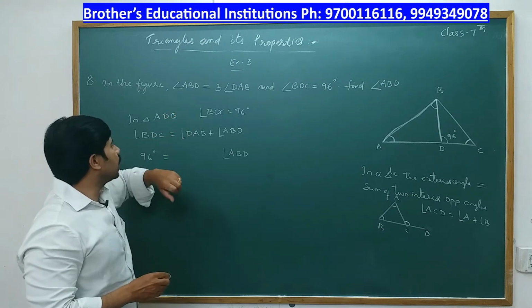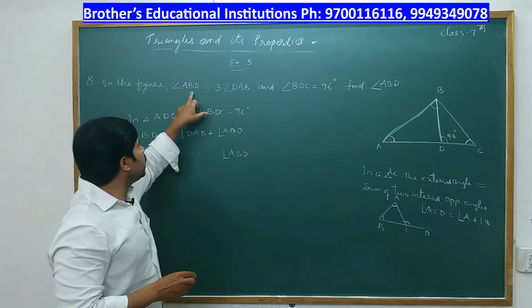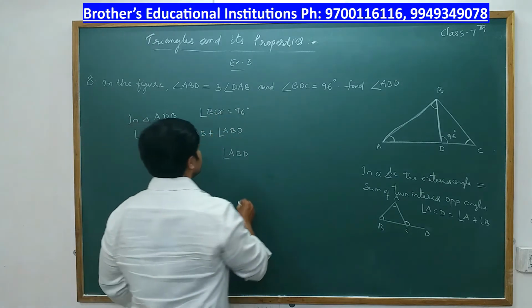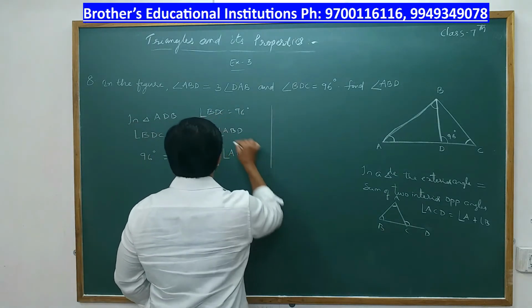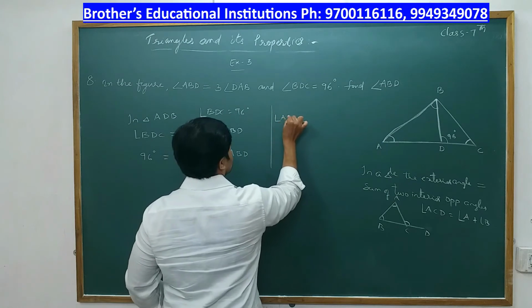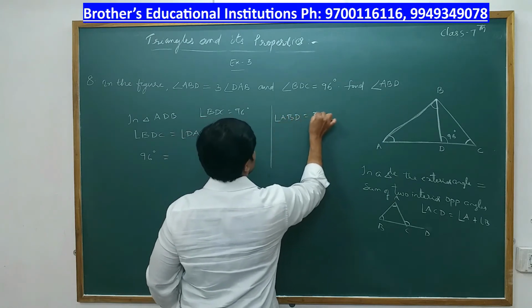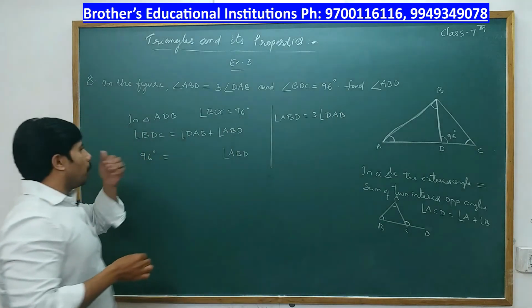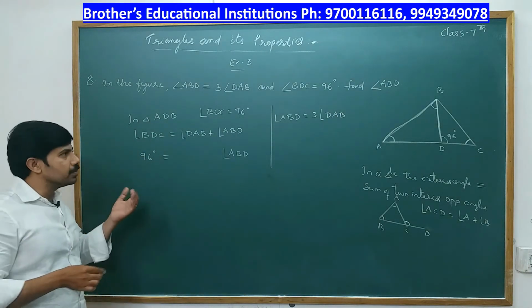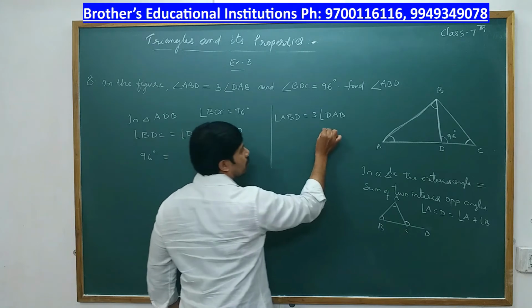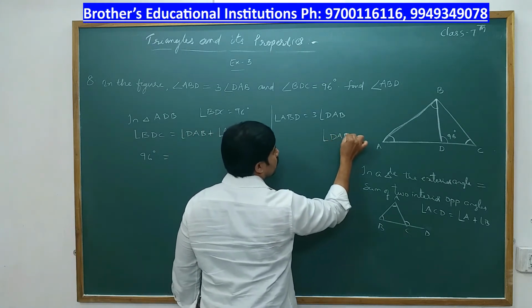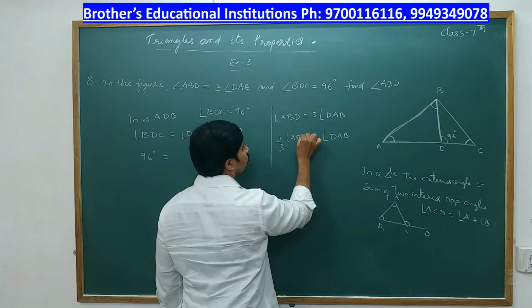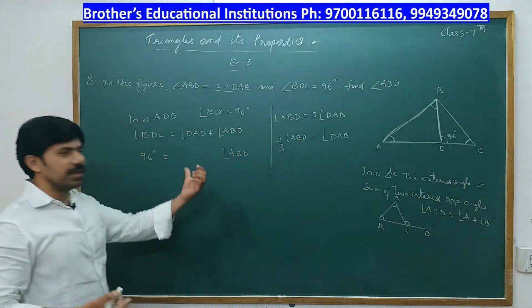They have given one condition: angle ABD is equal to 3 times angle DAB. So I'll repeat this on the right side. Now what is DAB in terms of ABD? DAB will be 1 by 3 of ABD.